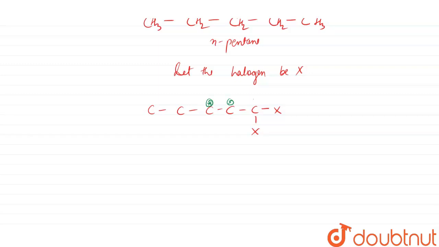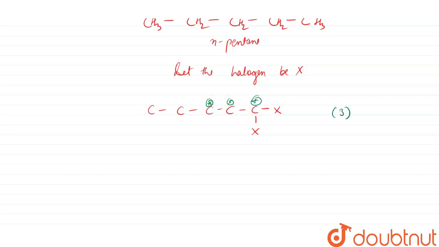But if I put these halogen atoms here, then this and this structure will be the same, and if I put both the halogen atoms here, this and this structure will be the same. So the total number of structures where both the halogen atoms are attached on the same carbon is 3.